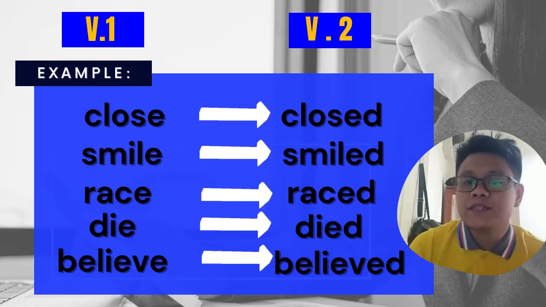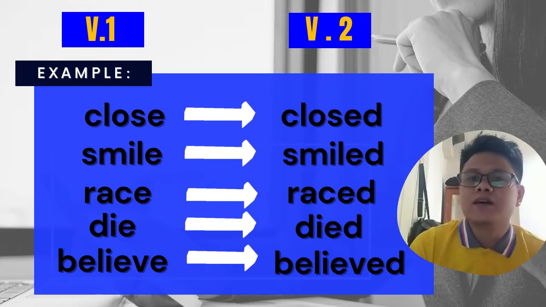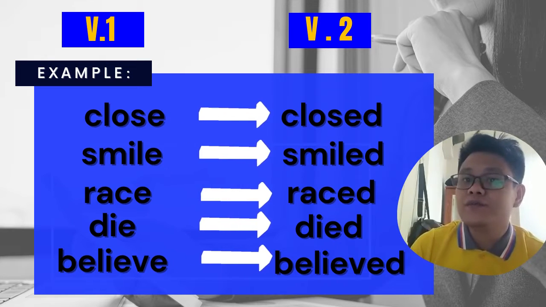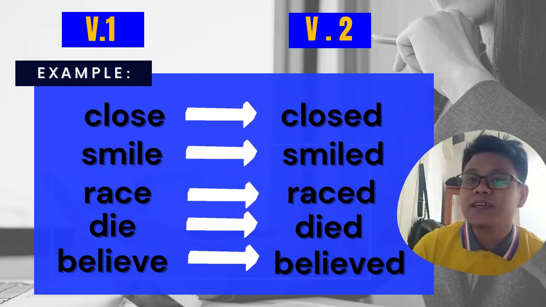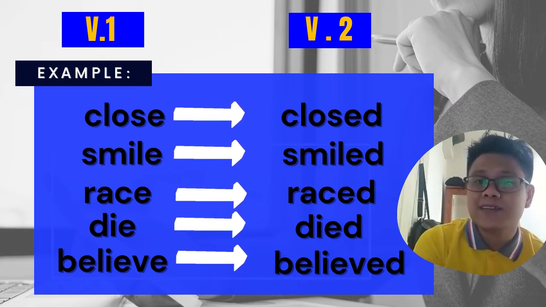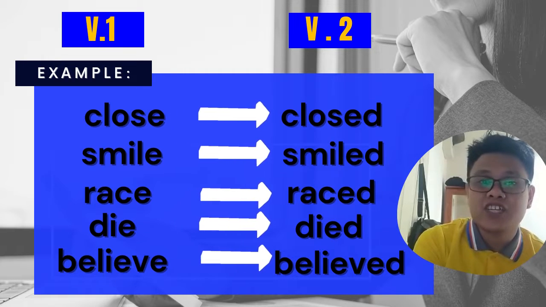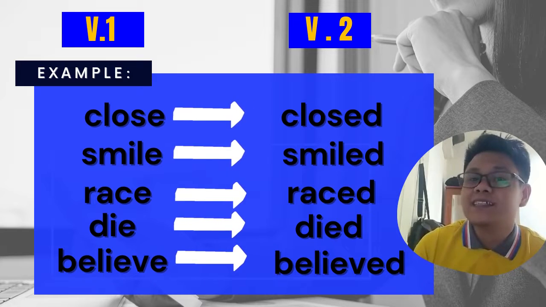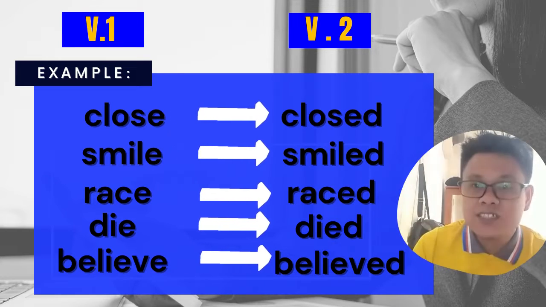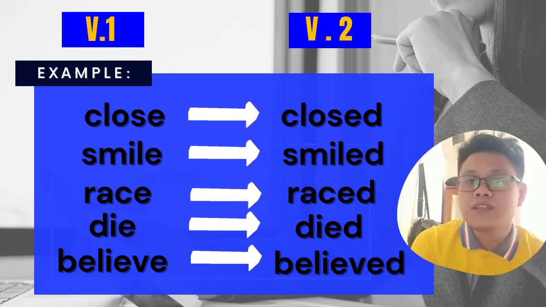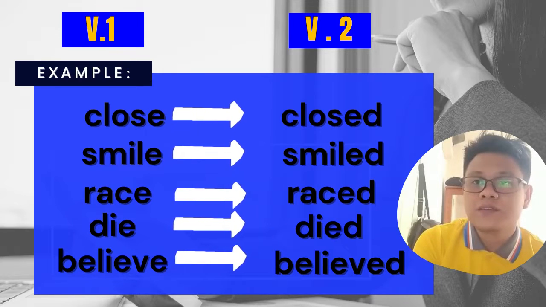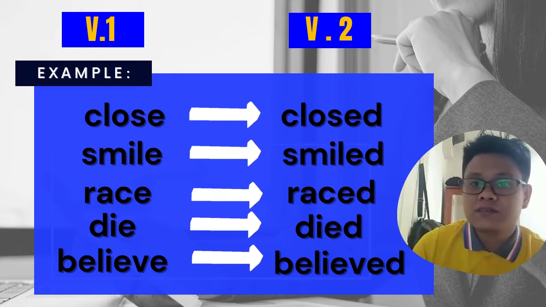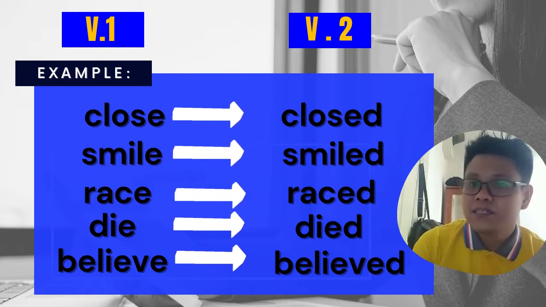So we have examples. Again we have verb 1 and verb 2. Verb 1 is not changed yet, and verb 2 is already changed. Number 1 is close, and it will become closed. Smile, smiled.